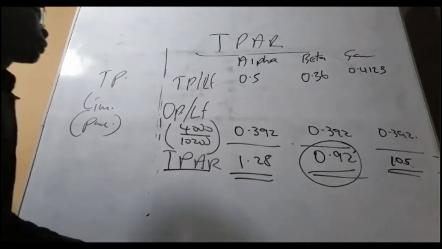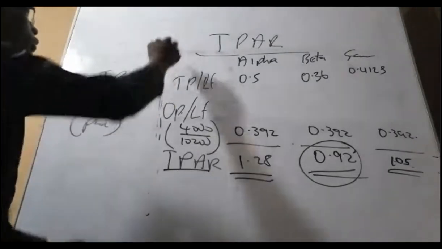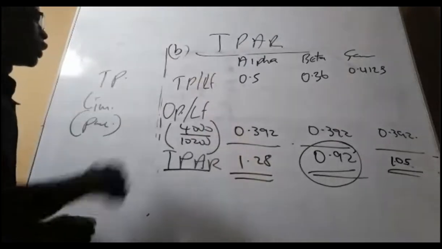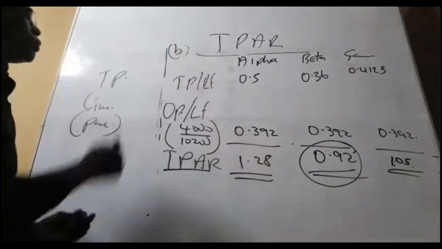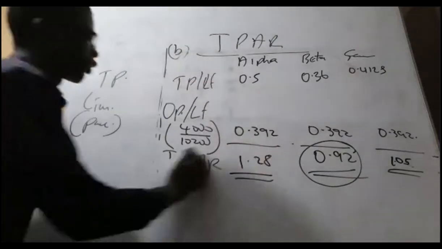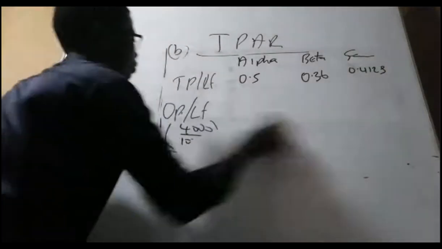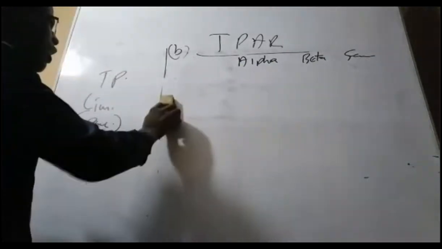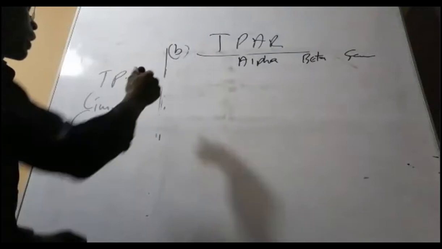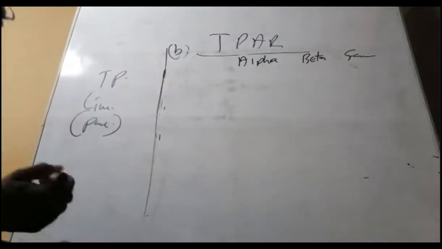So let's start again. I'll just write here B. I will not start from sales and material cost because they say it has not changed.